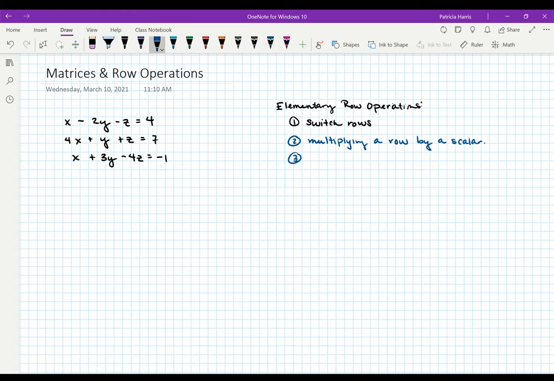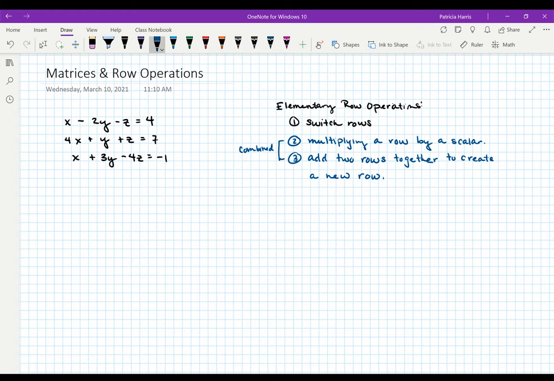And then the third is we add 2 rows together to create a new row. Now what happens is these two, number 2 and 3, can be combined to make your life go a little faster. Okay.